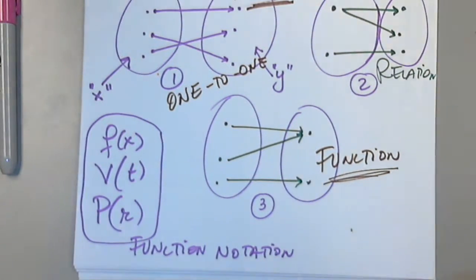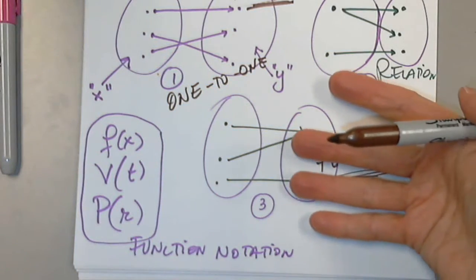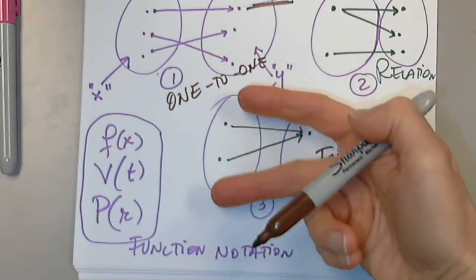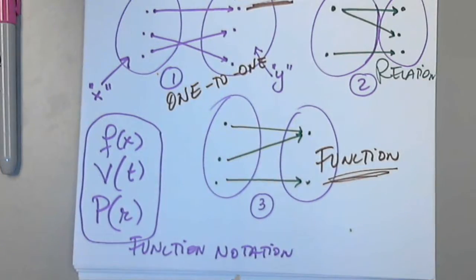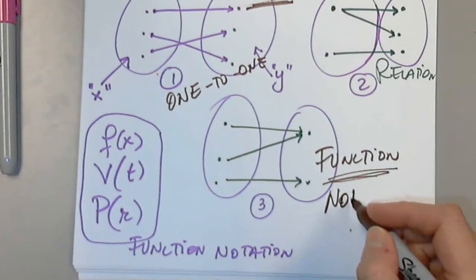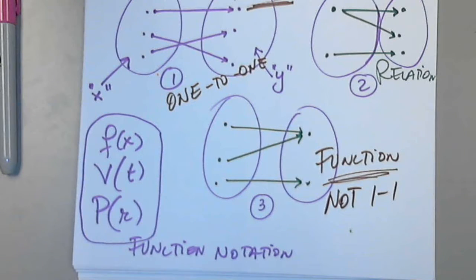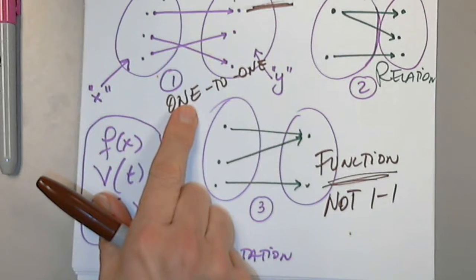Now, what about here? Is this function one-to-one? Can I create a function going backwards? The answer is no, because to this x, I will have two y values corresponding. So I will say not one-to-one. Its inverse exists, but it's not going to be a function. That's why this is considered one-to-one.